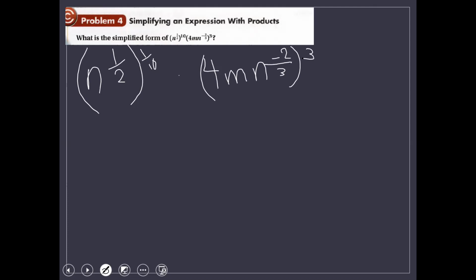Look at the first term here. Here we have a power raised to a power, so we have to multiply them. It will be n, 1 over 2 multiplied by 10.